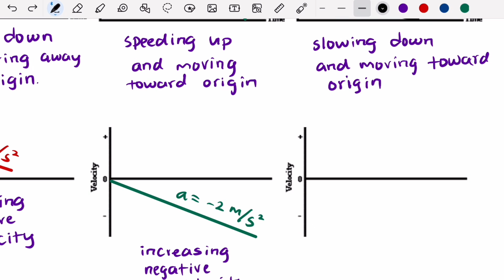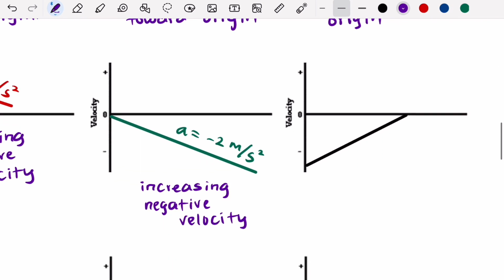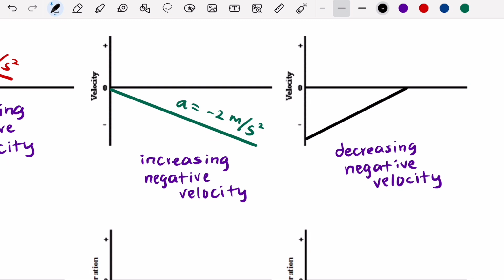So the graph will look something like this. And we can say this is decreasing negative velocity. Now I want you to try sketching the corresponding acceleration time graph on your own.